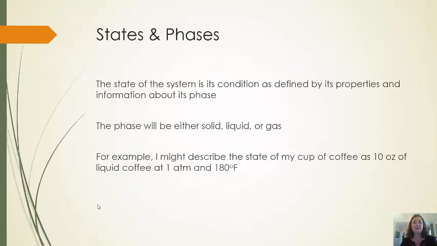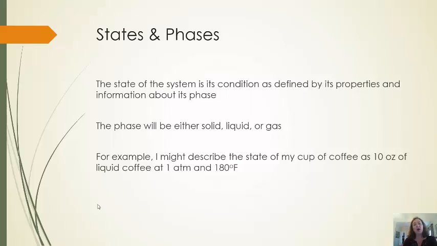Now, states and phases. You probably first learned this in maybe 3rd or 4th grade. A phase can either be solid, liquid, or gas. We have some complications like plasma and so forth, but we'll stick with solid, liquid, and gas. Really, what we learn as we get older is that these are defined by their properties and information about exactly what condition the substance is in.